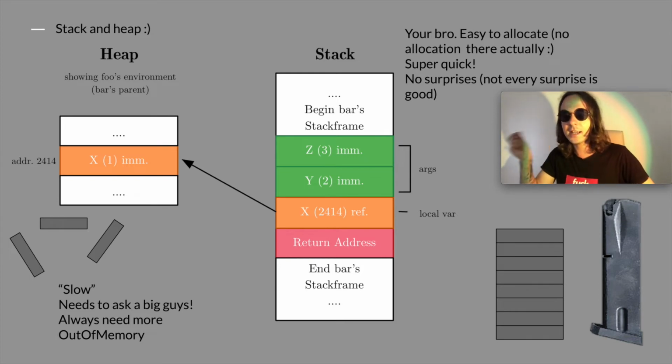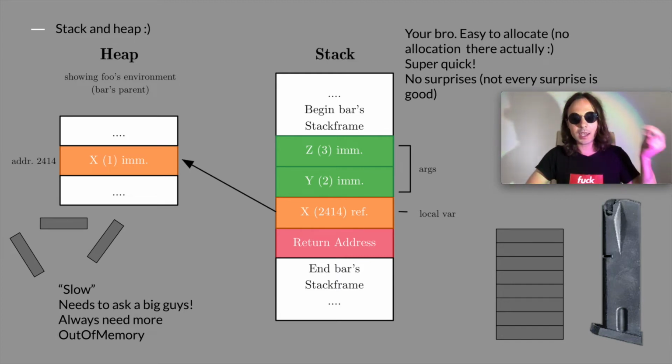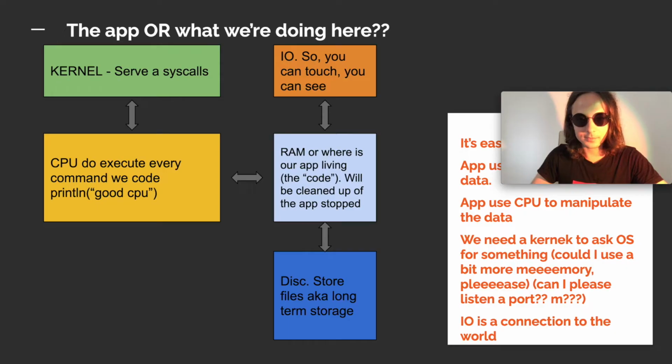It is blazing fast. It has no surprises, just one problem, stack overflow. And heap is what we use to save a big amount of data, or when we do not know exactly how much space we need, for example. And what we get from the heap is a pointer to some space, so then we can use that inside our application.